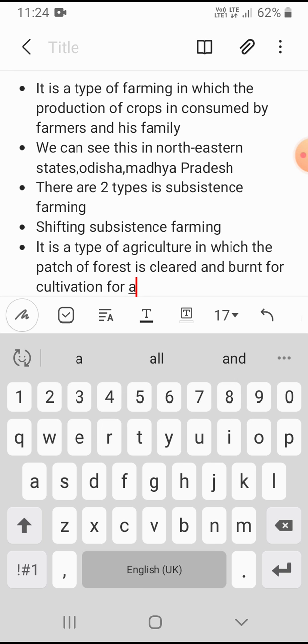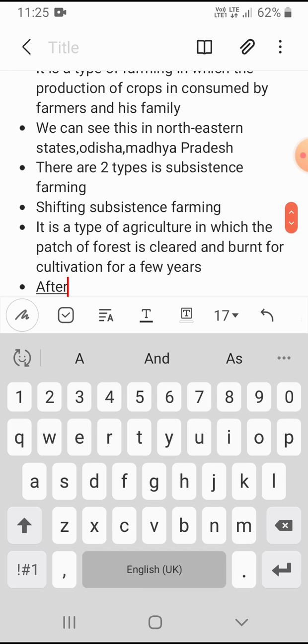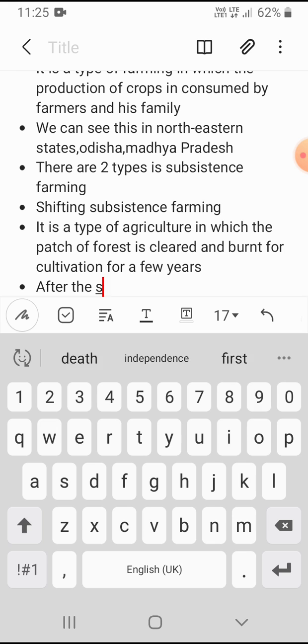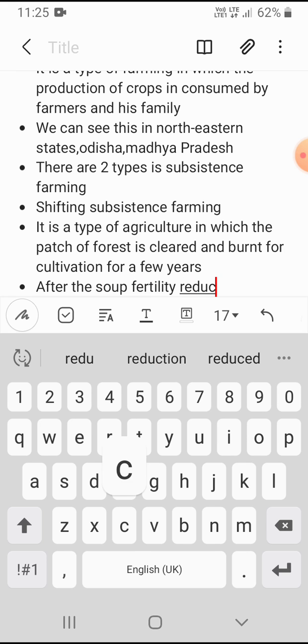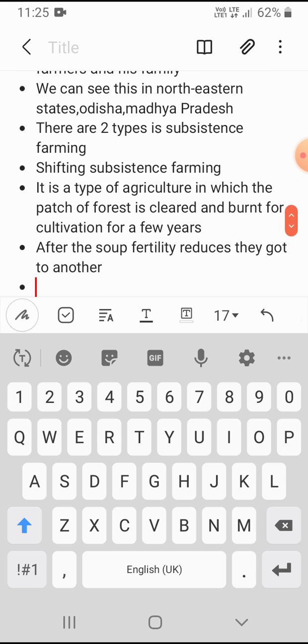They do farming there for a few years. After the soil fertility reduces, they go to another place. So this type of cutting of forest and making that land for cultivation is called shifting subsistence farming.